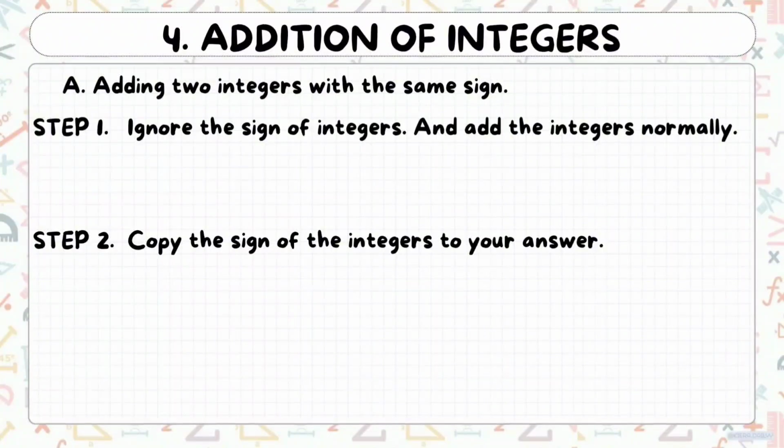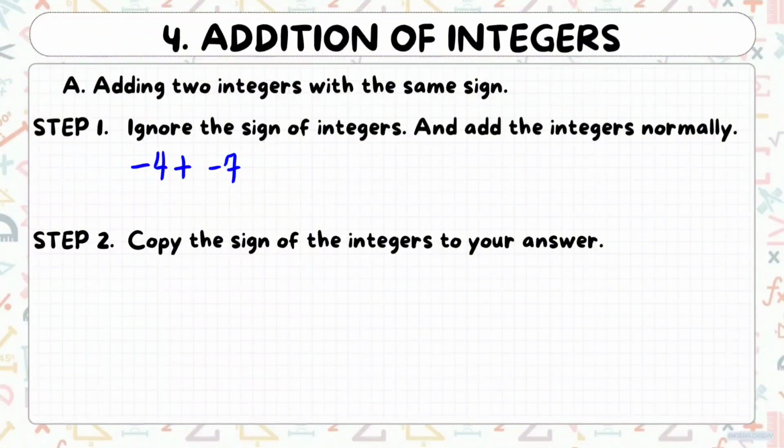So let's have an example. For example, we have -4 plus -7. We are going to ignore the sign, which means we are going to get the absolute value. Absolute value means we get the positive side of each integer, whether it is a negative or a positive integer.